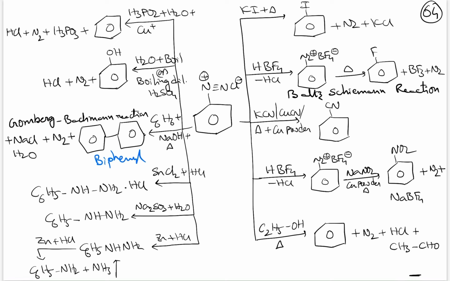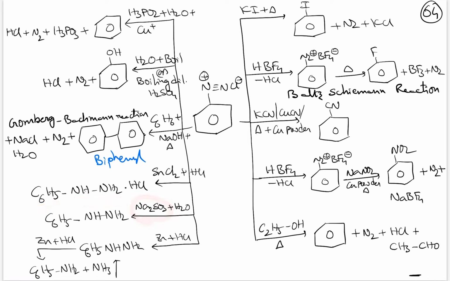And this reaction is called the Gomberg reaction or Gomberg-Bachmann reaction. Okay. Then benzene diazonium chloride on reduction by SnCl2 plus HCl, you will get an addition compound like this. This is phenyl hydrazine HCl, a phenyl hydrazine HCl addition compound.